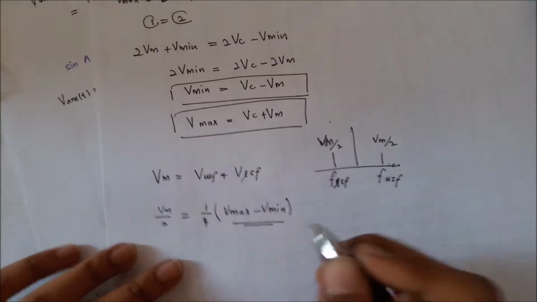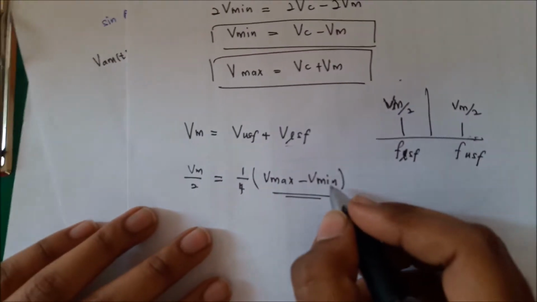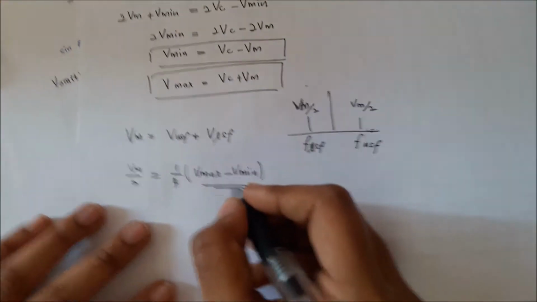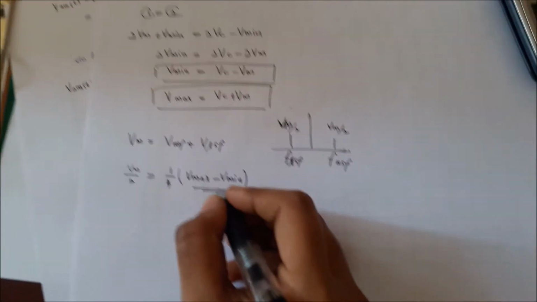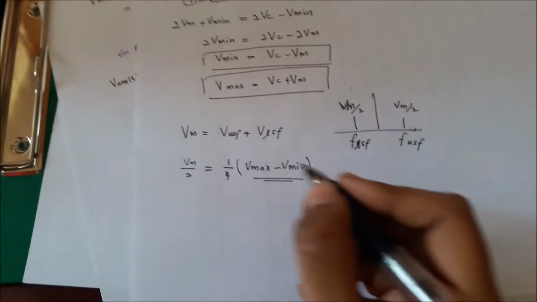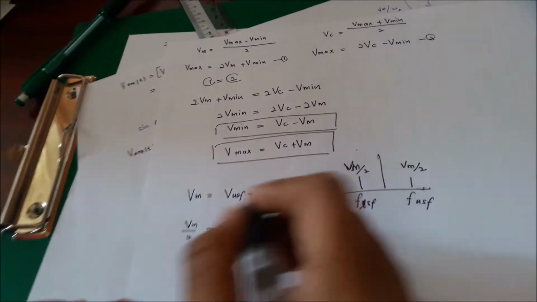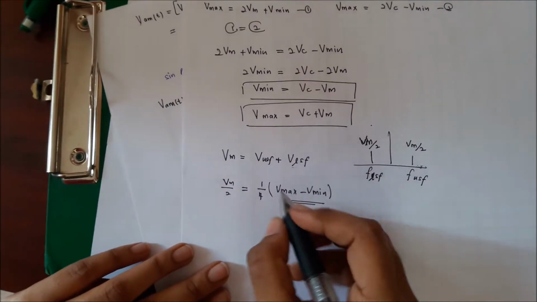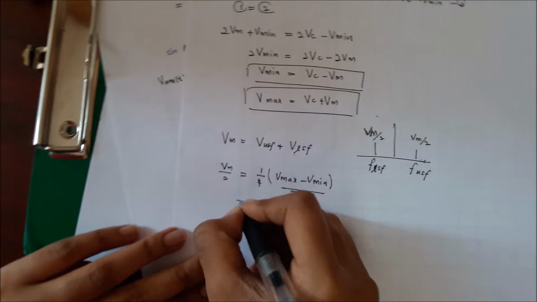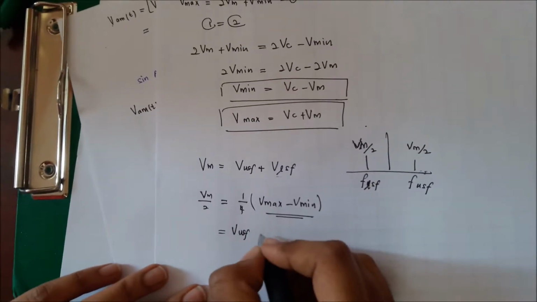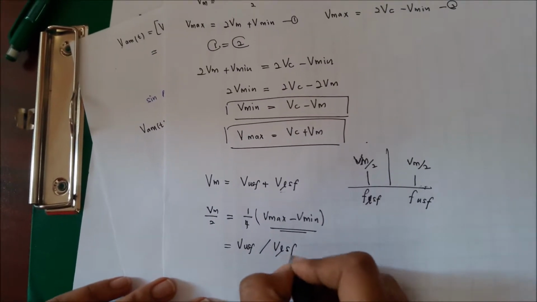Well, you know V max minus V min is actually equivalent to your 2Vm. So V max minus V min multiplied by a quarter, you're going to get the voltage of your upper side frequency, or either you get it as the lower side frequency.